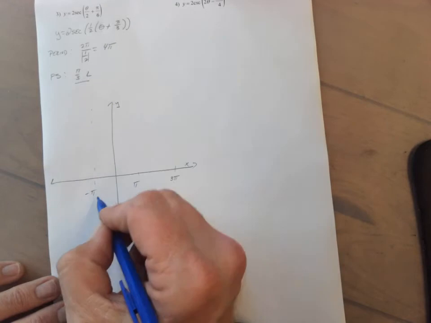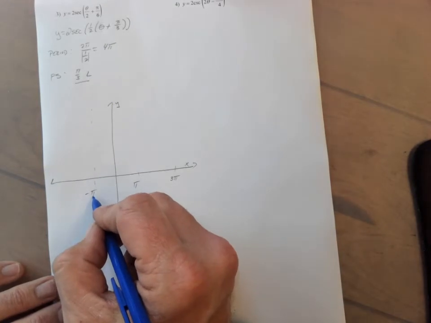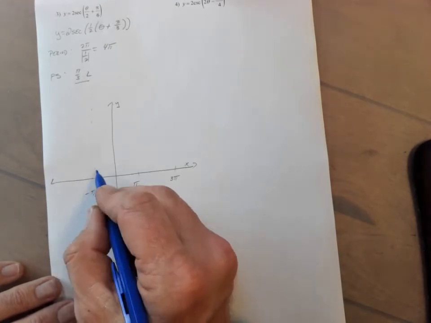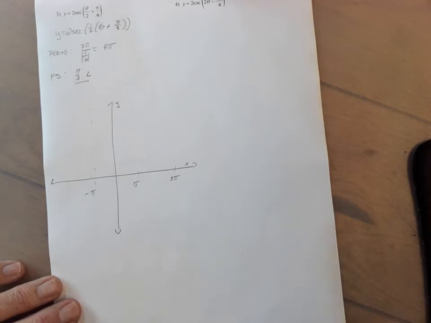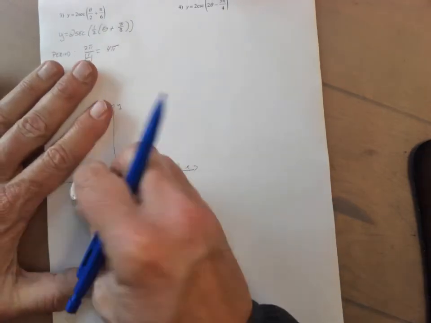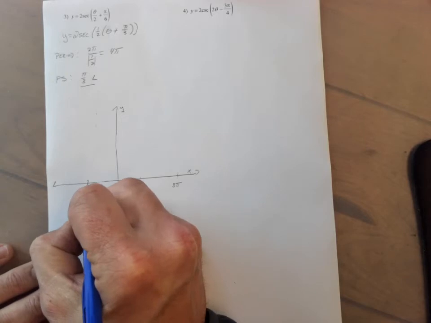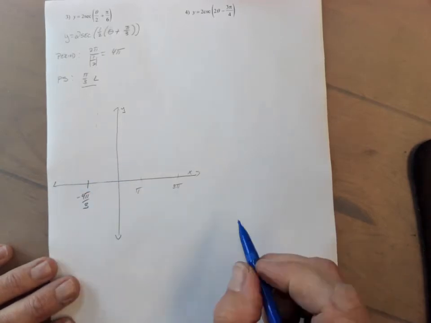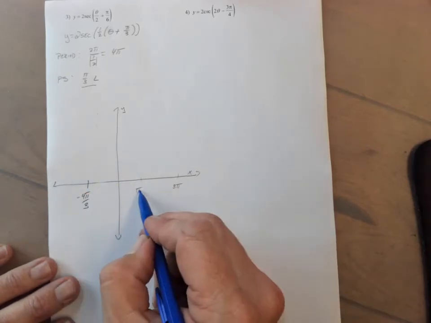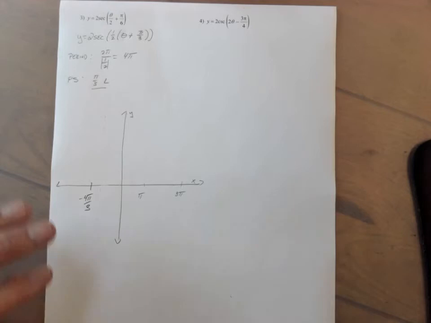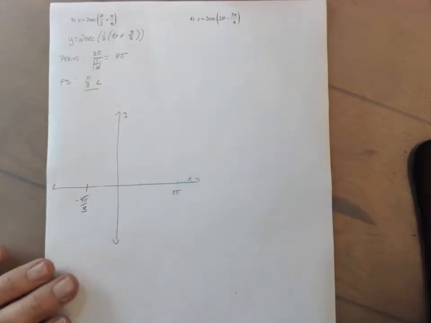So again, if we're looking at this in thirds, this is 3/3, so we're going to go 1/3 to the left. So that would take us to negative 4 pi over 3. And then this goes 1/3 to the left, which would be 2 pi over 3.